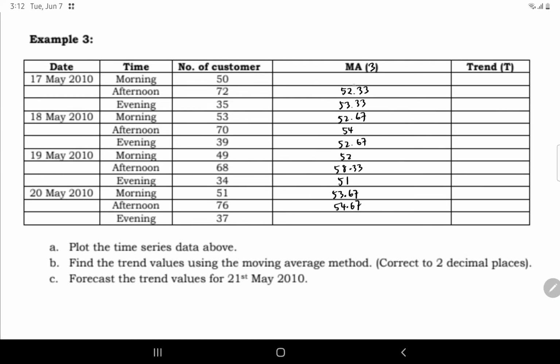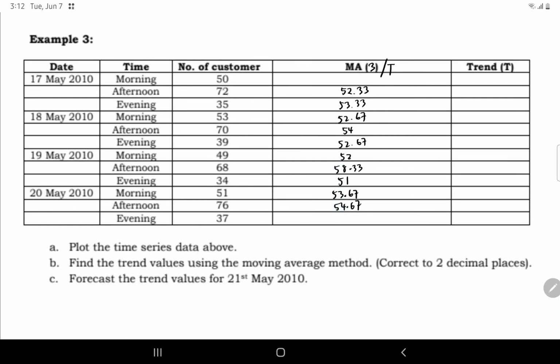Okay, so kita boleh nampak bila kita perform 3-point moving average dekat sini, jawapan dia terus berada di time afternoon dekat sini. So this is the trend value as well. Okay, trend T dekat sini. So this is the trend value for afternoon 17 May and so on lah.